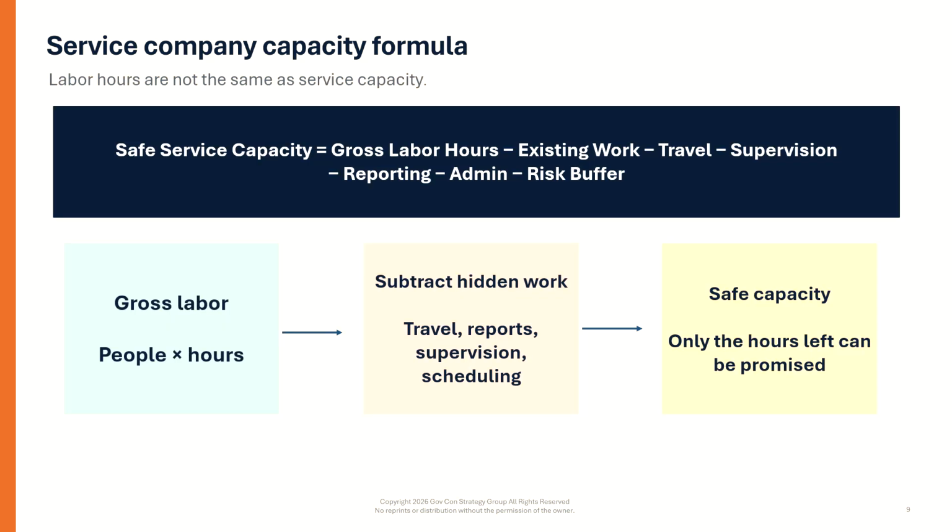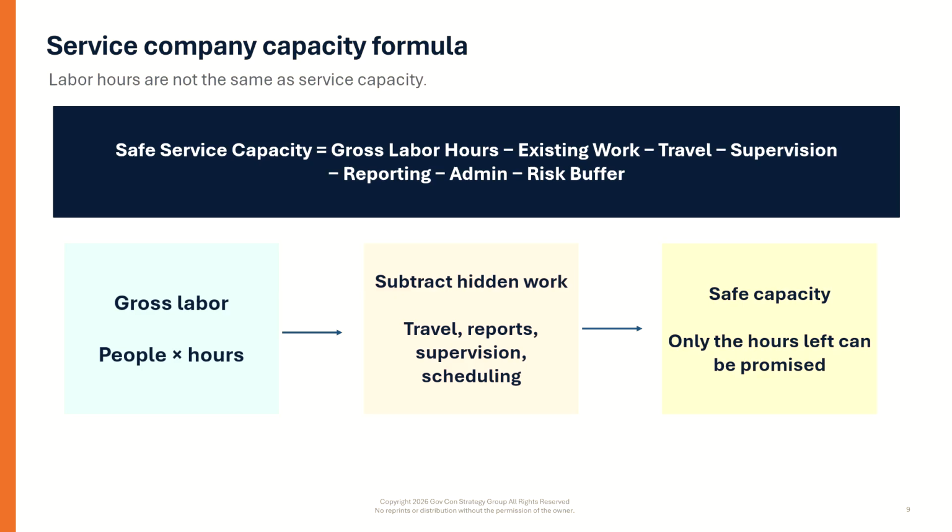For service companies, the biggest mistake is treating every labor hour as a billable service hour. Start with gross labor, the number of people available multiplied by the number of hours they can work. That gives you a starting point, not the final answer. Then subtract the work that consumes time but does not directly produce the service.